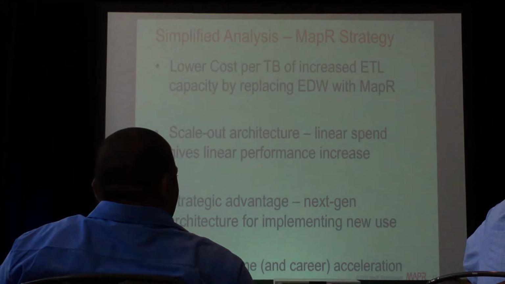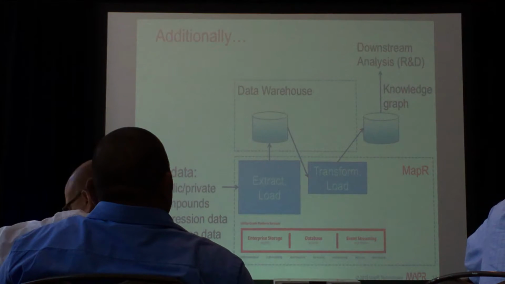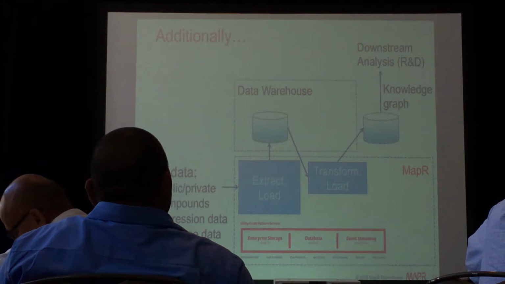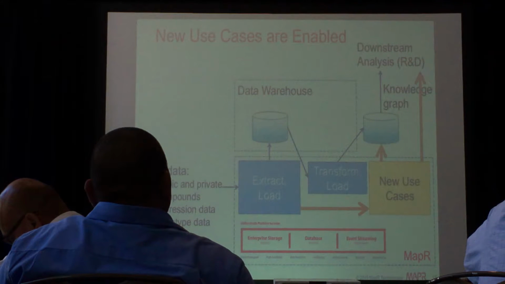Right, it scales out, it's basically just linear as you add more nodes. And it also introduces a strategic advantage, because having this kind of platform in place doesn't just solve EDW problems, it also solves problems that allow you to even bypass the warehouse entirely.